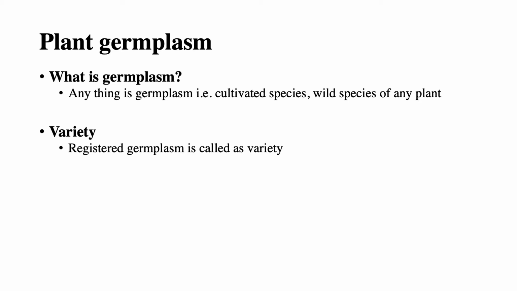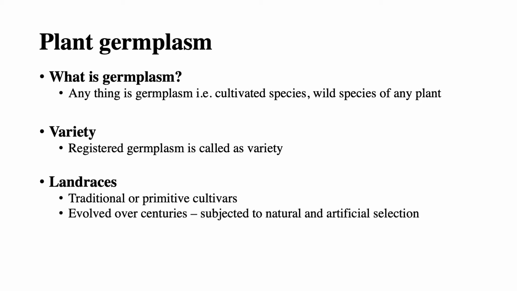So now let's have a look at the land races. These are also called traditional or primitive cultivars. These land races or primitive cultivars have developed over centuries or even millennia, and they have been influenced decisively by migrations, and have been subjected to both natural and artificial selection.